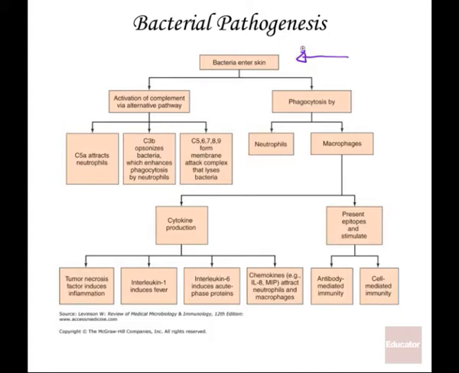And the first type of immunity that is encountered is the innate immune system. And we have the complement system over here, and we have separate lectures on each of these things, so certainly you can go back and review.